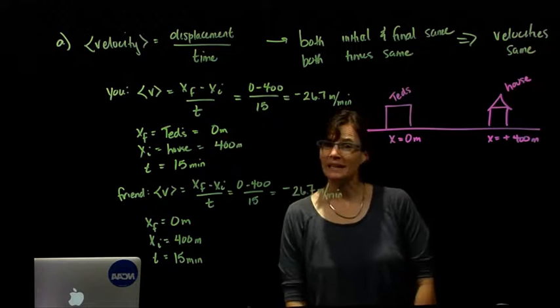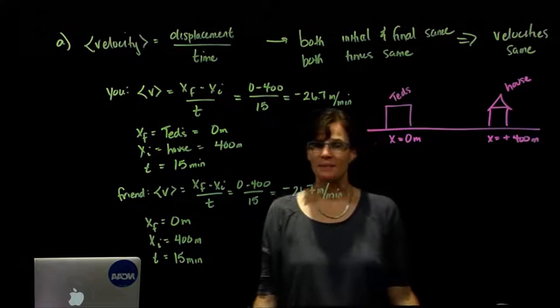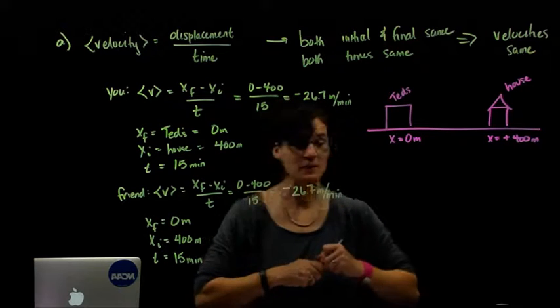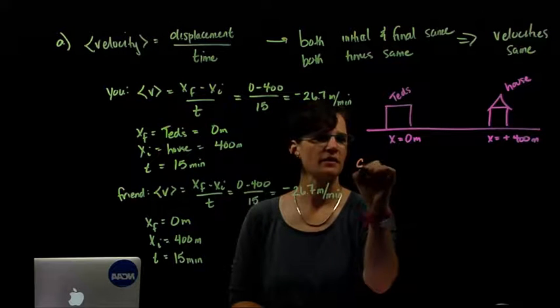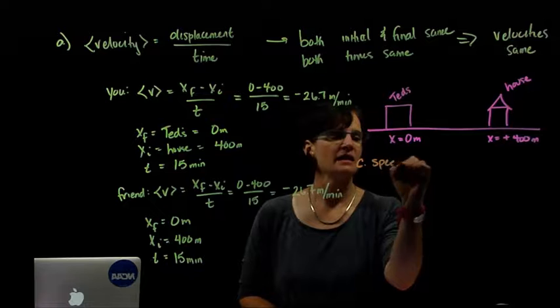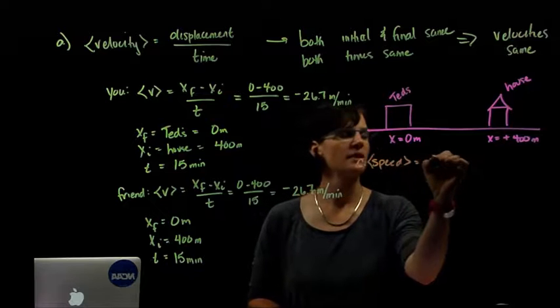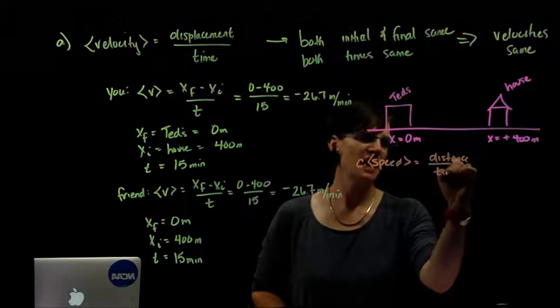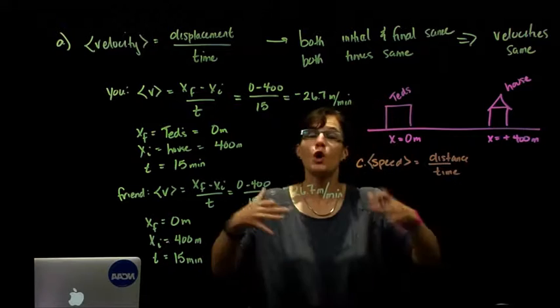Well, what about speed? Do we have the same speed? Well, let's remind ourselves, so this is part C. Let's remind ourselves about what speed is. The average speed, remember, is our distance over the time that we travel. So the total lengths.